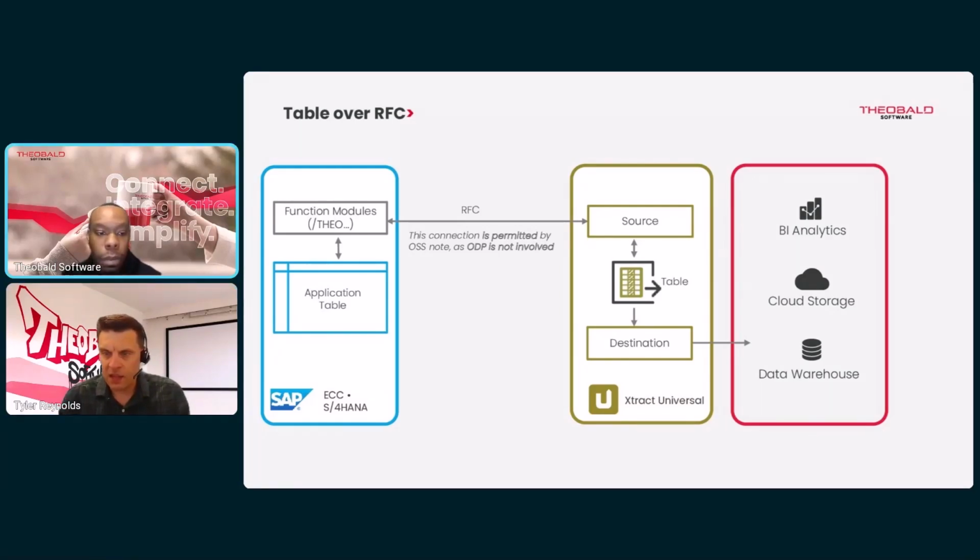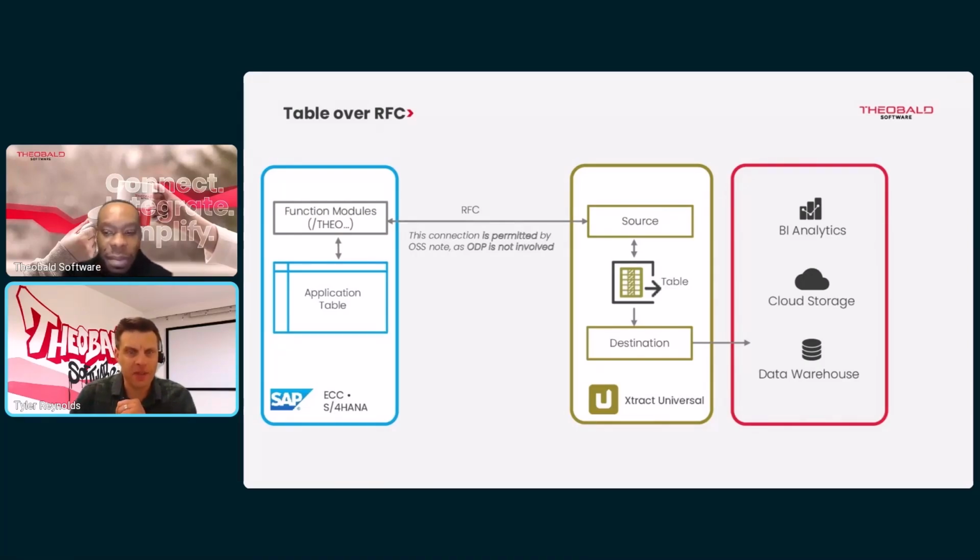Okay, and then one other question, which Brian will show in the demo as well: there's also a question about getting to tables over RFC with delta. Brian can show how we support change data going directly through tables rather than ODP objects. Correct.